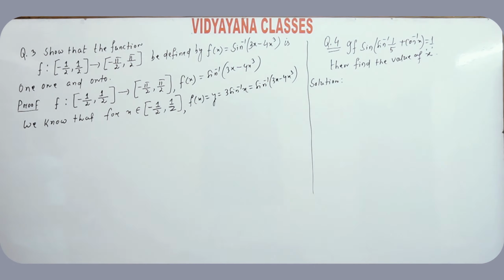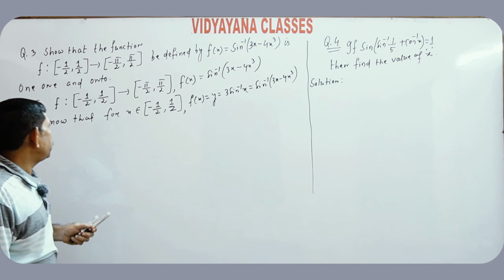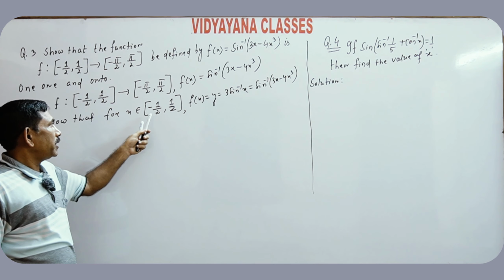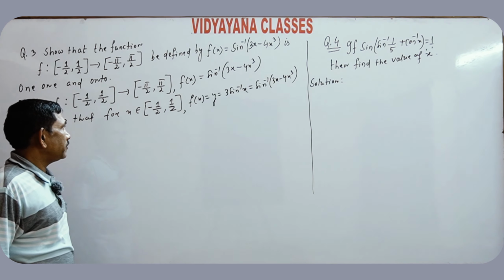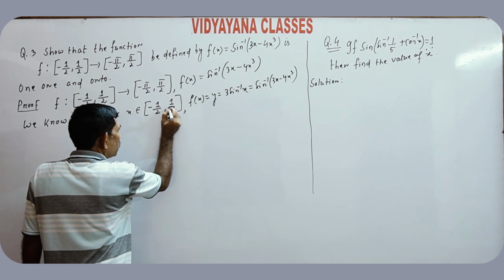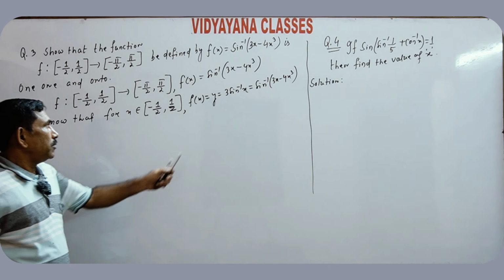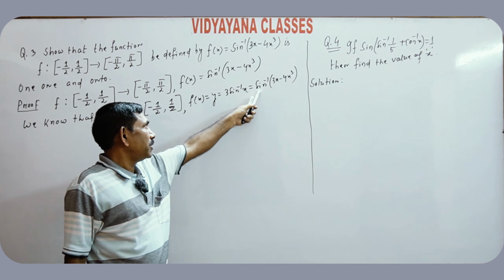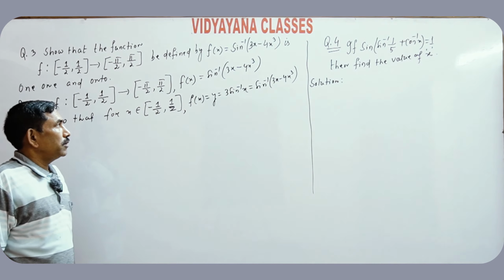In properties of inverse trigonometric functions, we have proved that for x belongs to [-1/2, 1/2], f(x) = y = 3 sin⁻¹x, which is the same as sin⁻¹(3x − 4x³).